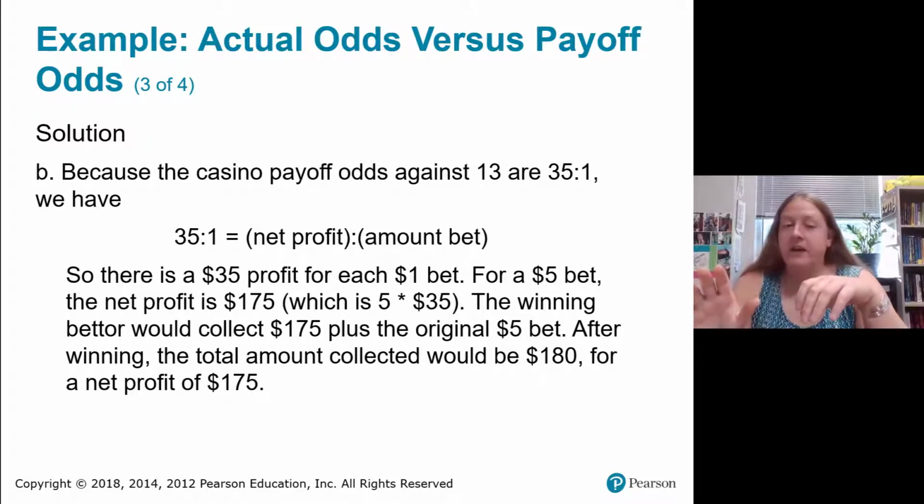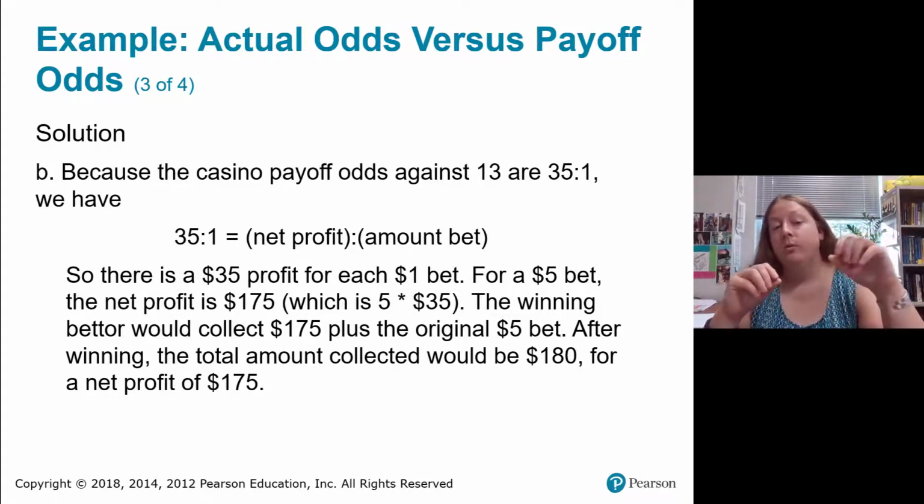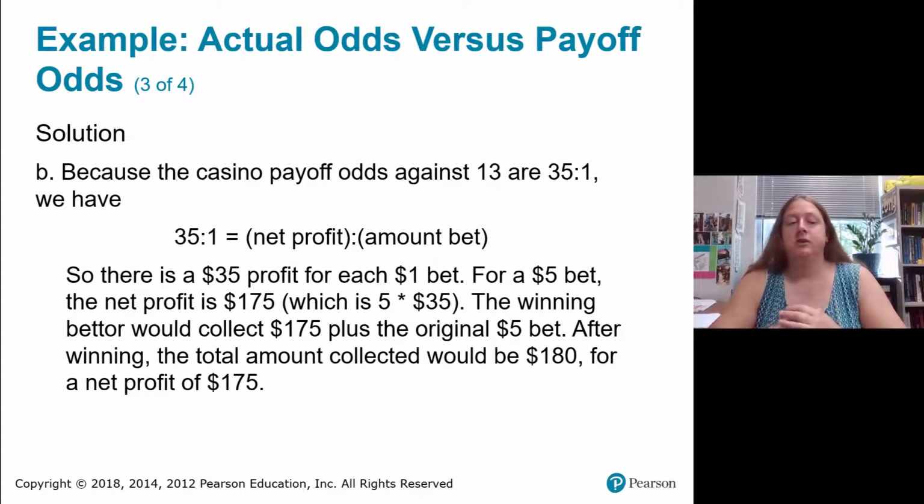Since we bet $5, our net profit will be 5 times $35, or $175. We also get our original $5 bet back, so the total amount we'll collect is $180, with a net profit of $175.